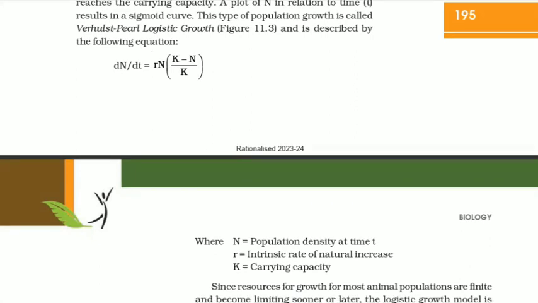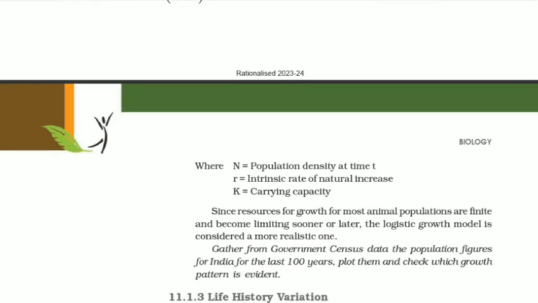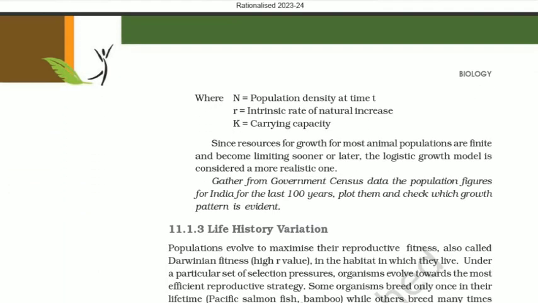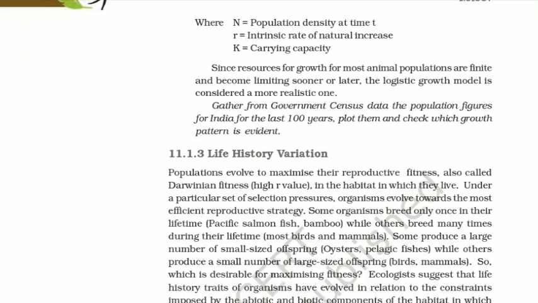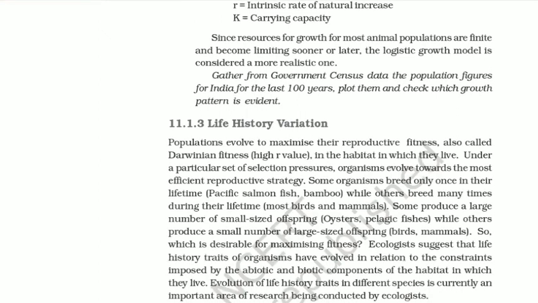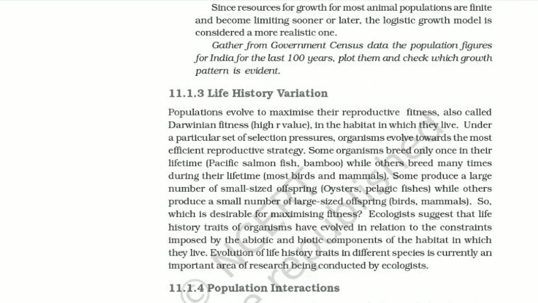This type of population growth is called Verhulst-Pearl logistic growth, as shown in figure 11.3, and is described by the equation dN/dt = rN (K − N)/K, where N is the population density at time t, r is the intrinsic rate of natural increase, and K is the carrying capacity. Since resources for growth for most animal populations are finite and become limiting sooner or later, the logistic growth model is considered a more realistic one.